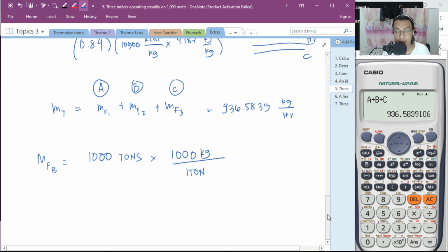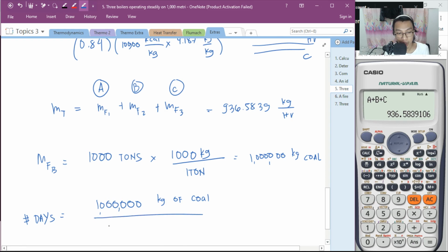Ang hinahanap natin is the number of days. So, i-divide natin, okay? 1 million kg ng coal. So, the number of days it will last, di 1 million kilograms of coal, divide mo nung total number of consumption niya per hour.